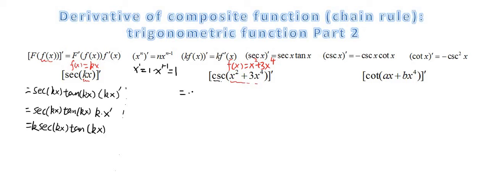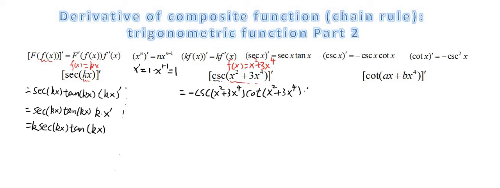So it should be negative cosecant f(x), x squared plus 3x to the power 4, times cotangent of x squared plus 3x to the power 4, and times the derivative of f(x).